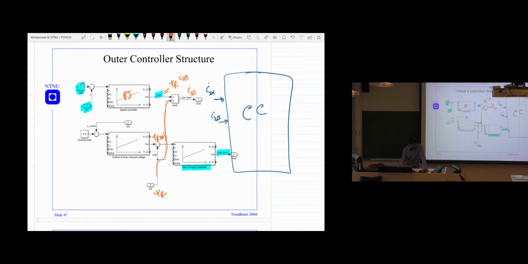Before starting the machine, we can apply all the current to have the desired flux. This is the current, the blue one, and I also put the green color for the flux. And once it reaches this, then we can reduce the current.